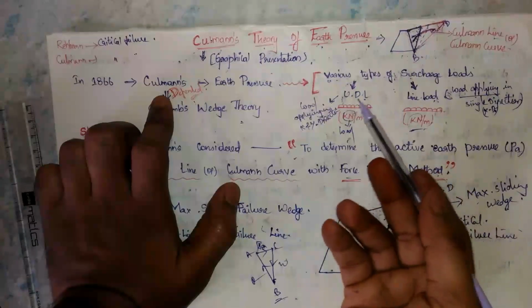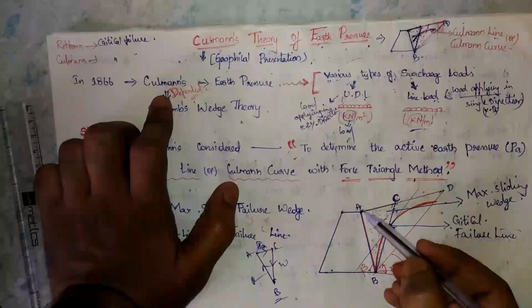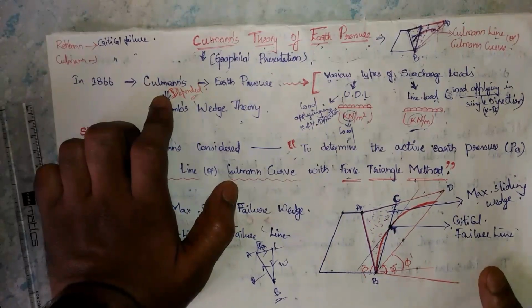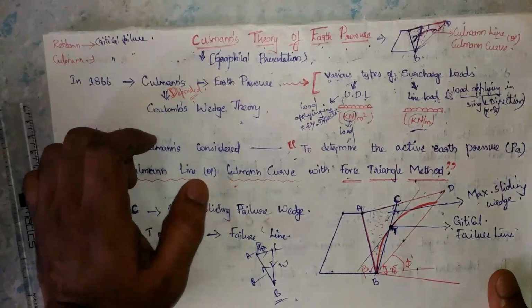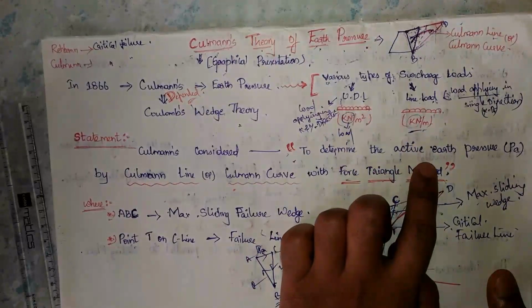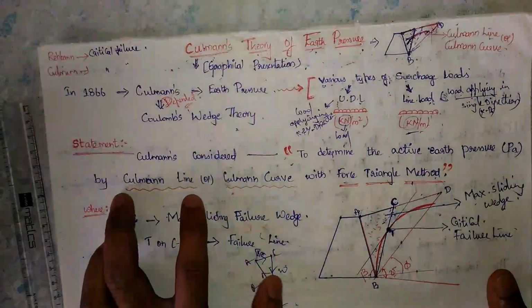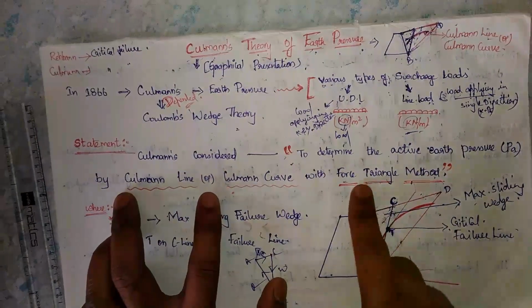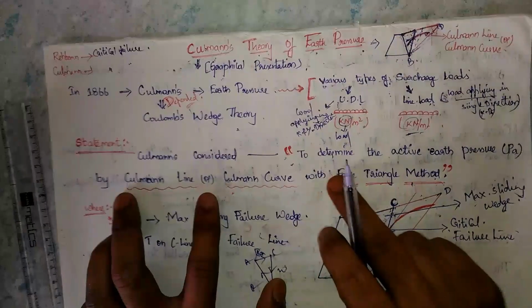When these two types of surcharge loads are applied on the soil surface, critical failures develop. Statement: Culmann determined the active earth pressure by the Culmann line or Culmann curve with the force triangle. Again I am explaining.